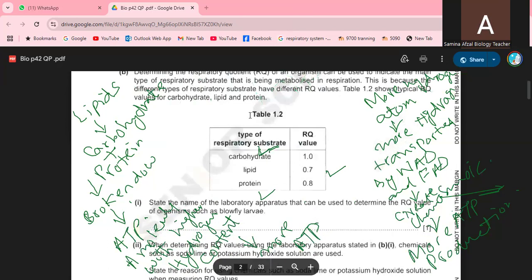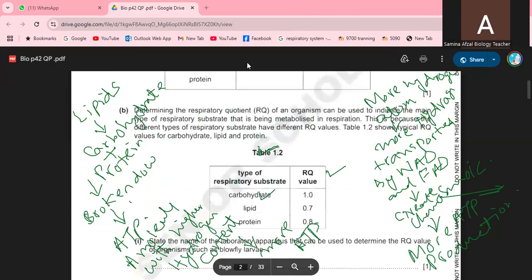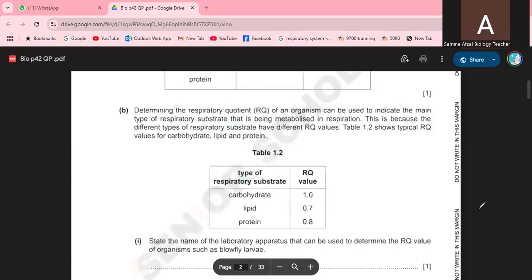Now, the next question is part B, determining the respiratory quotient. Determining the respiratory quotient, RQ, of an organism can be used to indicate the main type of respiratory substrate that is being metabolized in respiration. This is because the different types of respiratory substrates have different RQ values.